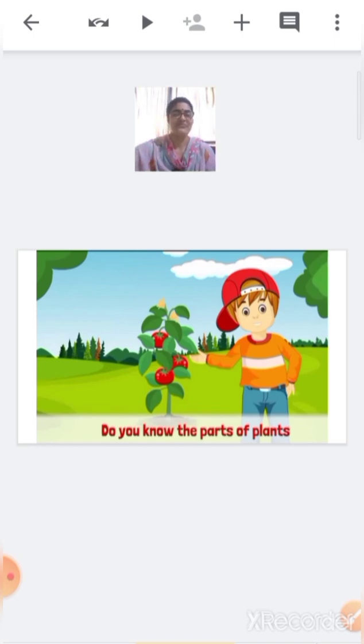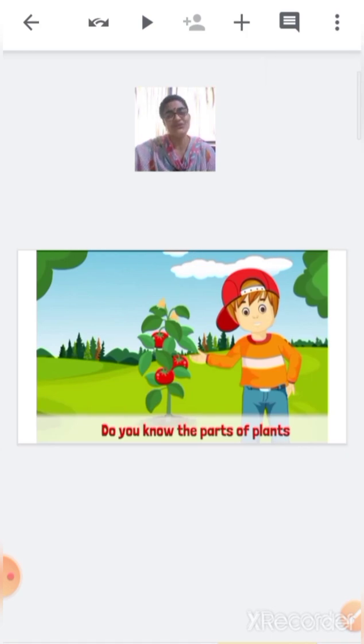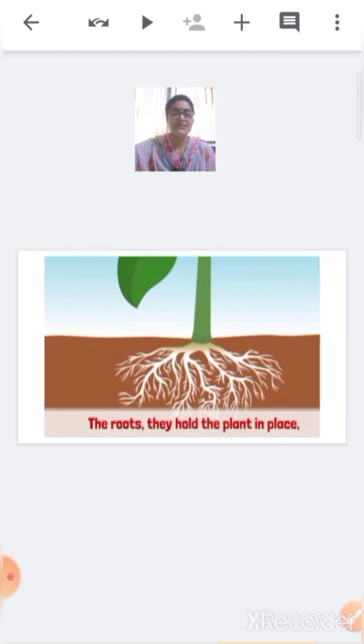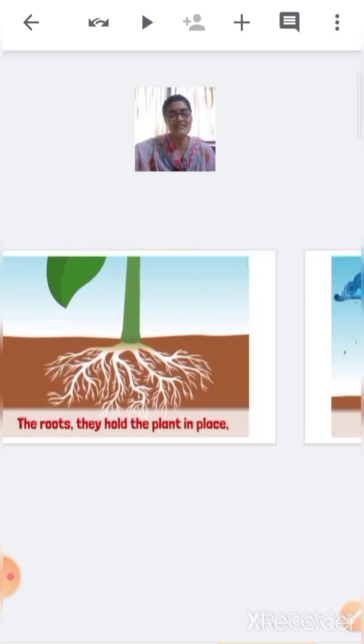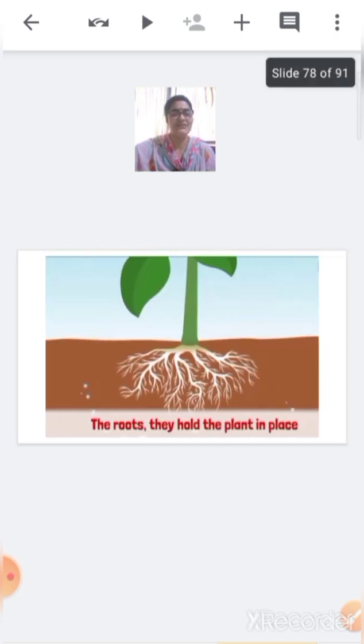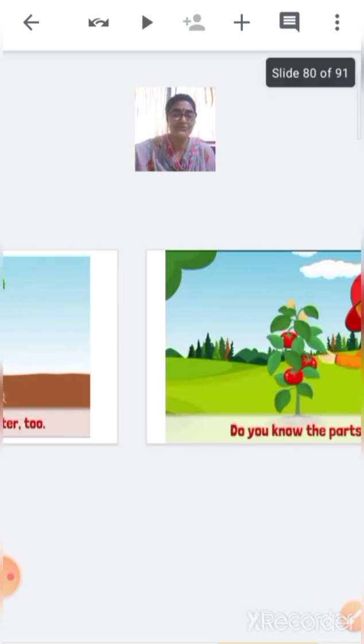Do you know the parts of plants, the parts of plants, the parts of plants? Do you know the parts of plants that make them grow and grow? The roots they hold the plant in place, soak up food and water too.